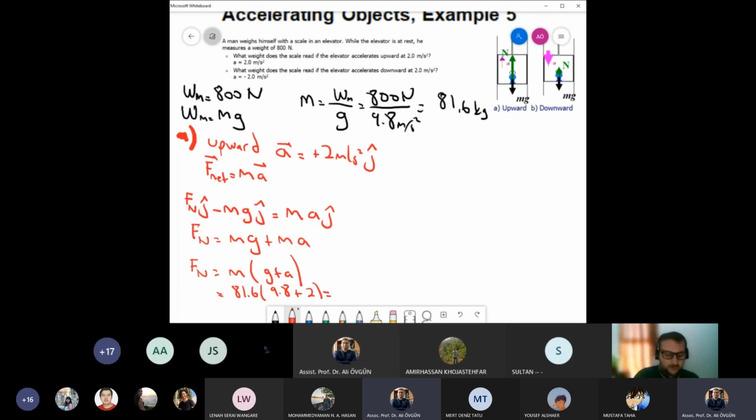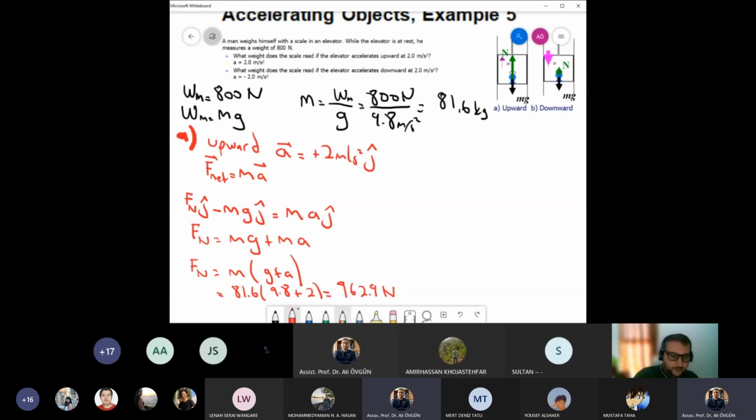From here, you can easily find the new weight of the man when the elevator is going upward. 962.9 Newton. This is the new weight of the man when the elevator is going upward.